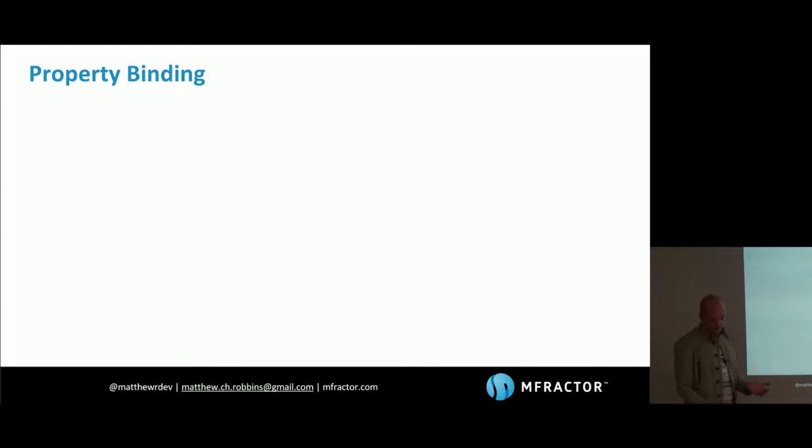Out of the box, we get property binding, which is pretty cool. Any native property on a native control gets a proxy around it, and you can just attach a binding, static expressions, whatever you want. Two-way bindings work out of the box.